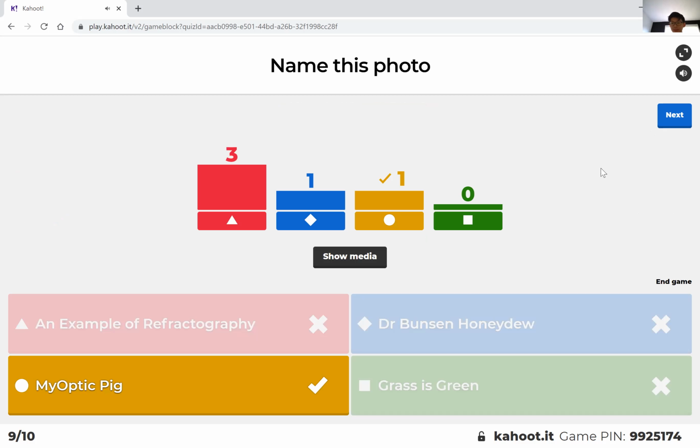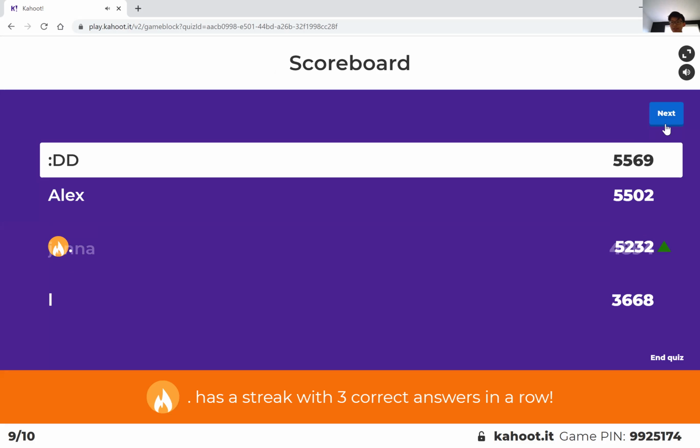Refractography is different, using lasers and such to refract. It's pretty cool, but it's not refractography. It's just simple refraction.